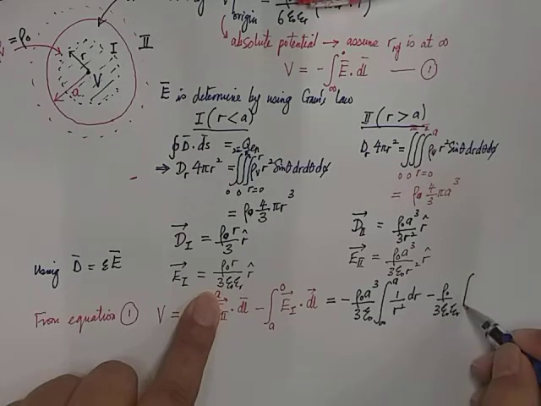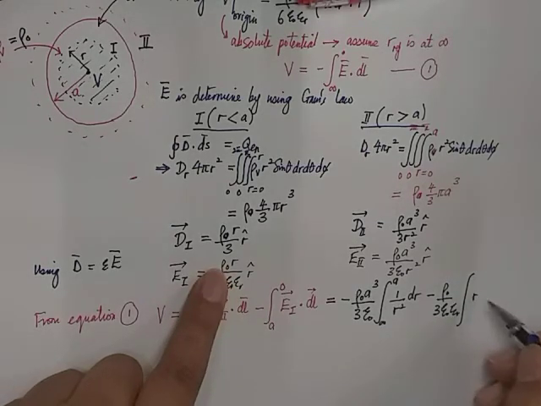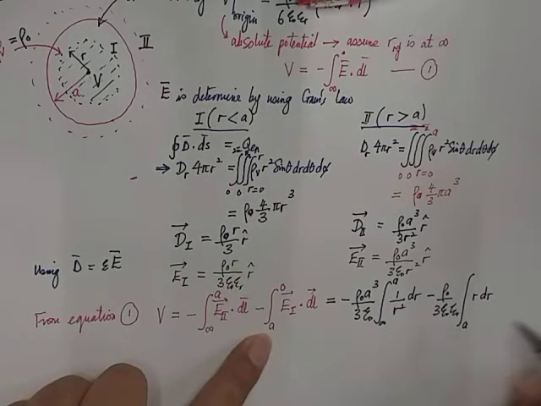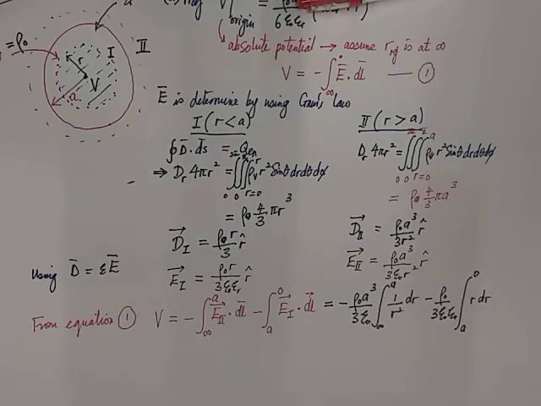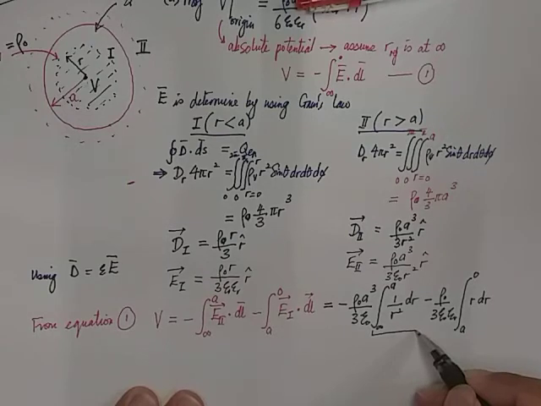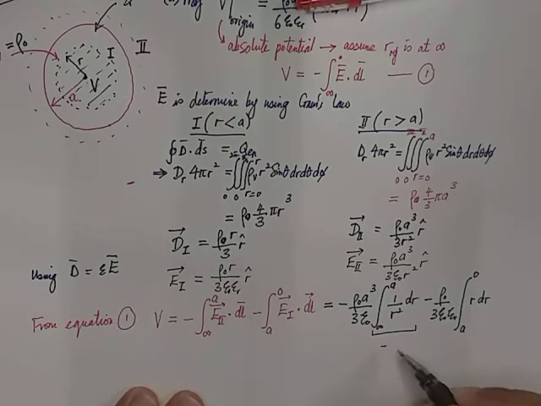I'm going to integrate r dr, from A to 0. That's after substitution. This integration will give us minus 1 over r, correct? And this integration will give us r square over 2.